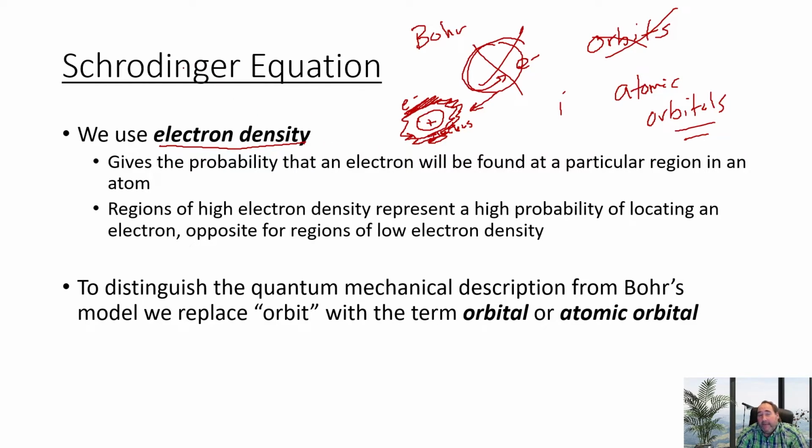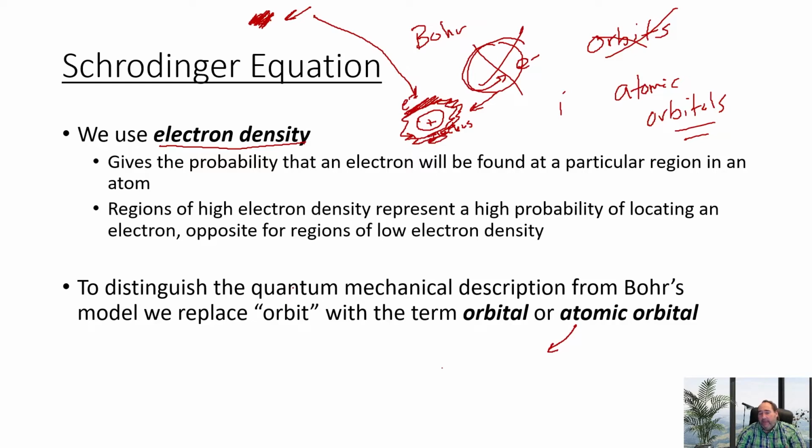And there's probably less of a probability, if we go way out here, of finding an electron. Not to say you could not find an electron way out there, but there's probably a much lower probability than, say, down here. So atomic orbitals are where we think about electrons being housed in an atom.